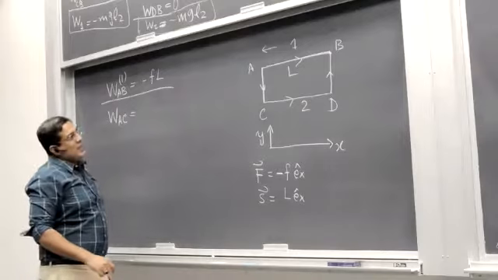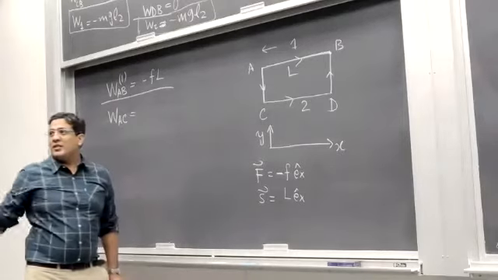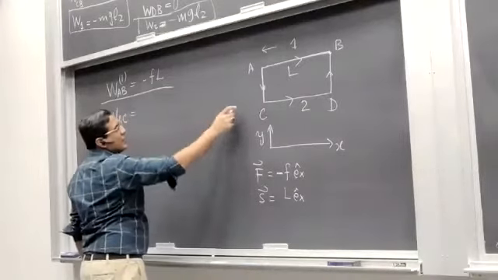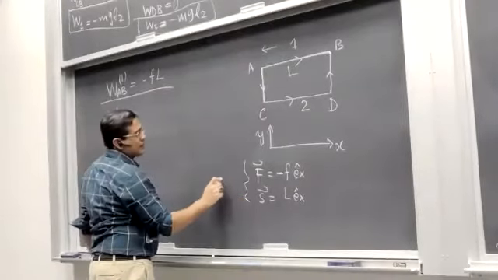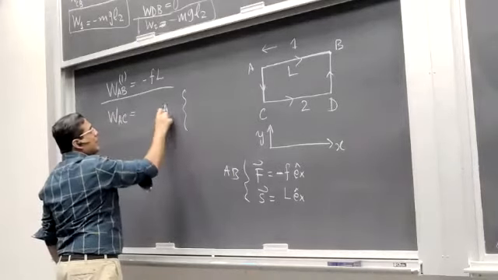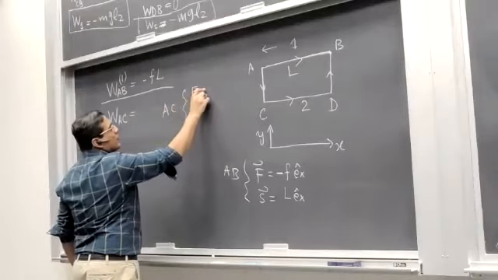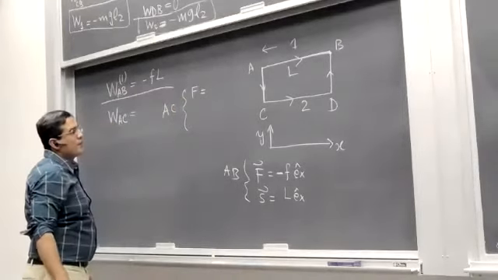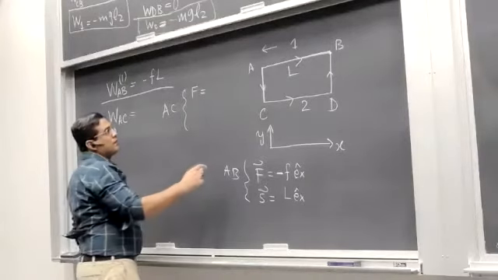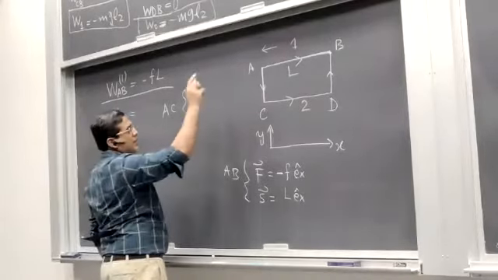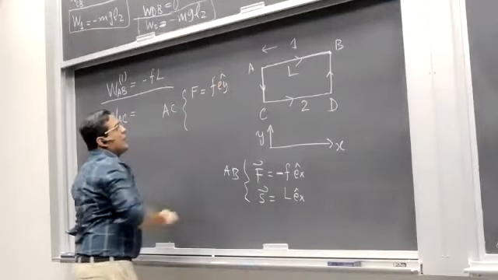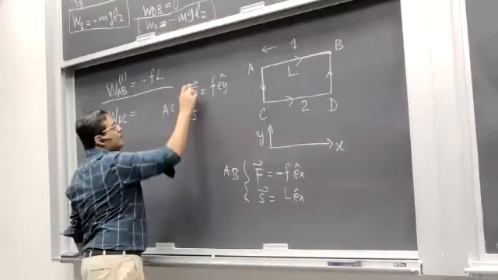The force of friction now changes, because we're moving from A to C. This was the case of AB. Let me make the AC. So what would be the force of friction now? Positive F EY. No, negative. Yes. So F EY, positive. Very good. And what about S now?